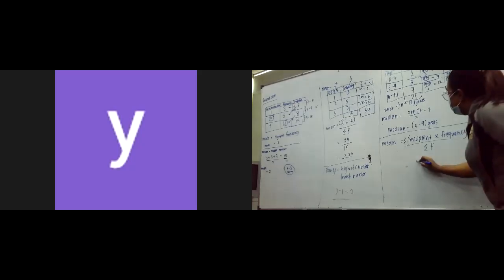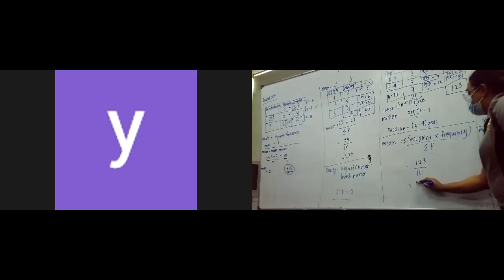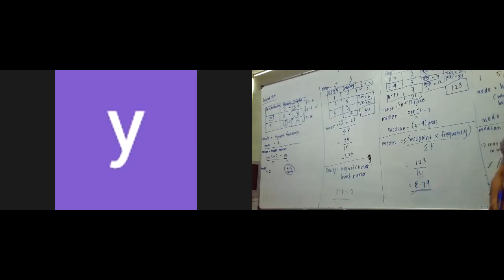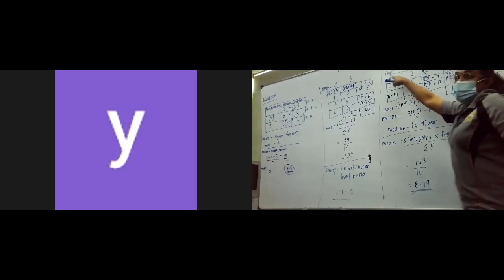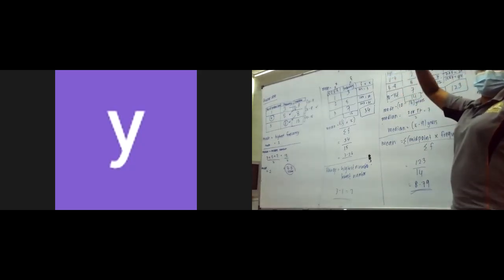So you take 123, divide by 14. What's the answer? 8.79. This is your answer. Clear? So just the same way how you do grouped data, f times x. But since this one is an interval, you have to find the midpoint. That's the only difference.